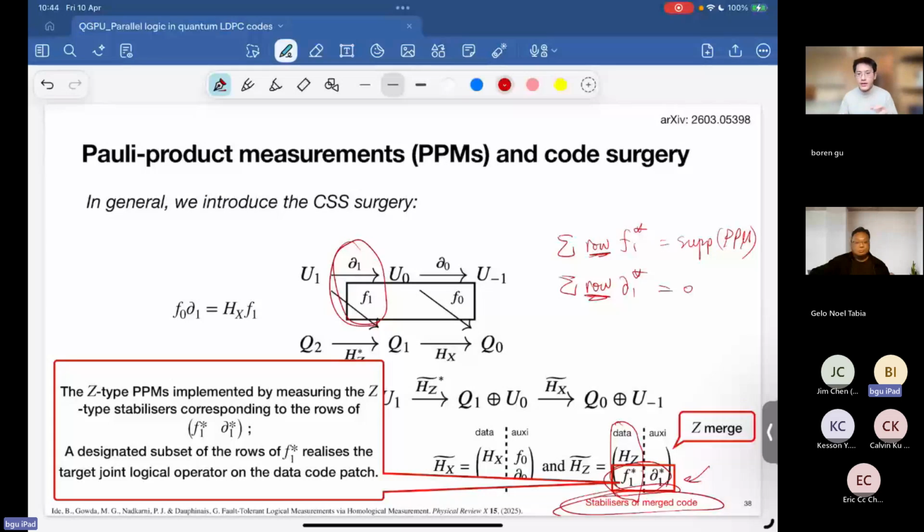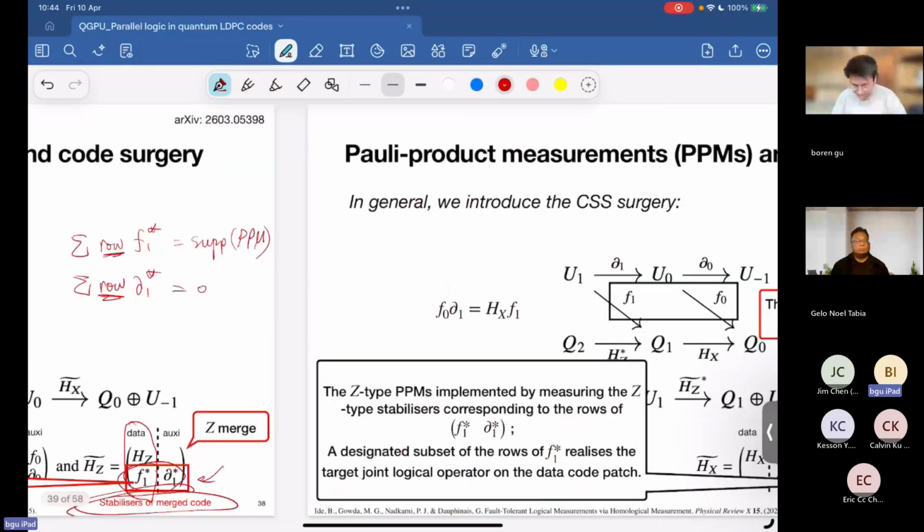Meaning that when you get the measurement of your PPM, you don't measure out anything on the auxiliary system. So that is exactly what happens when you do the lattice surgery. The middle ones get canceled out. The middle ones, yes.